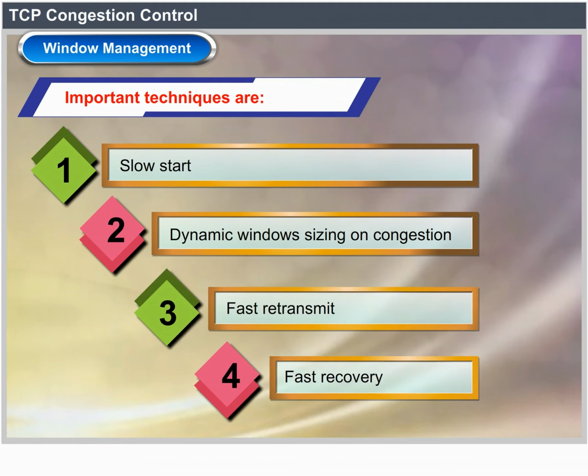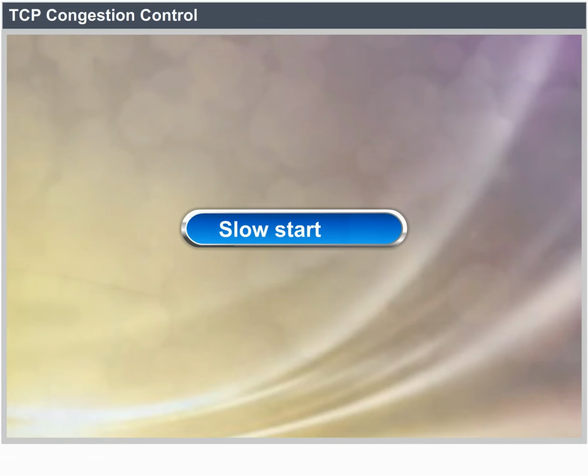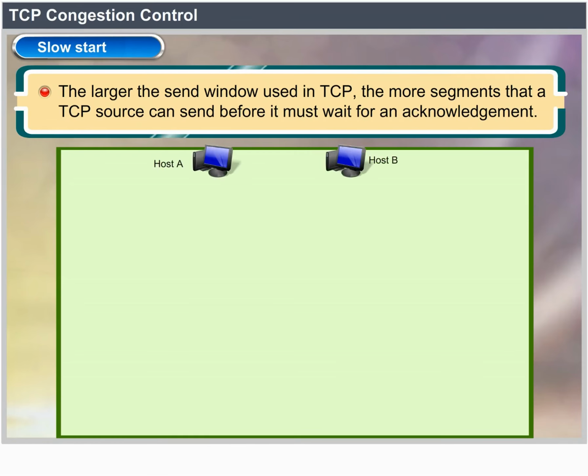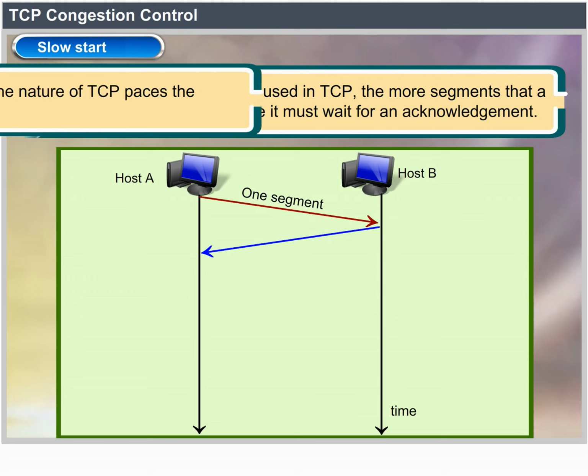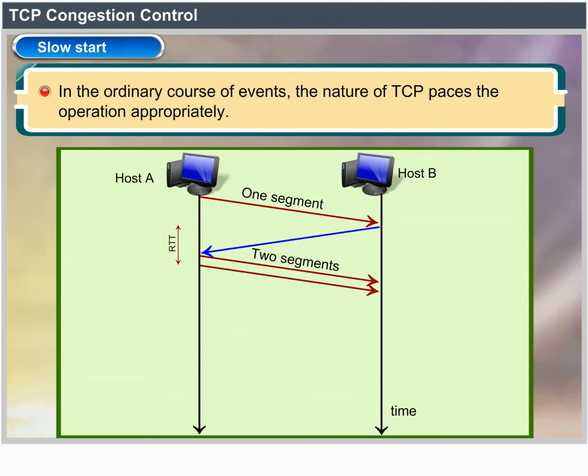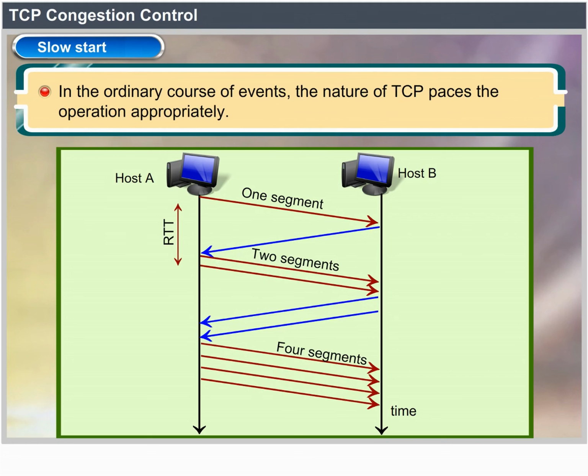Slow start. The larger the send window used in TCP, the more segments a TCP source can send before it must wait for an acknowledgement. In the ordinary course of events, the nature of TCP paces the operation appropriately.